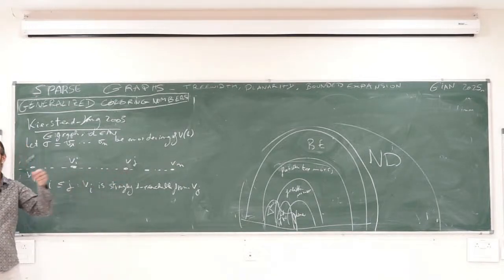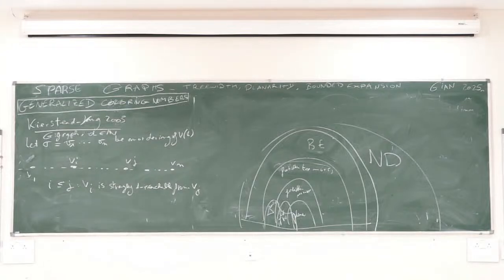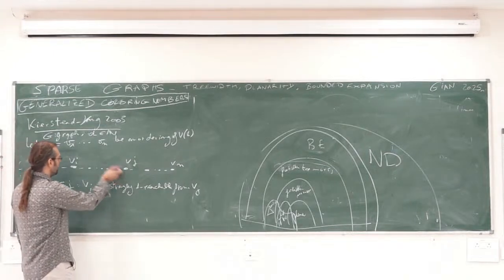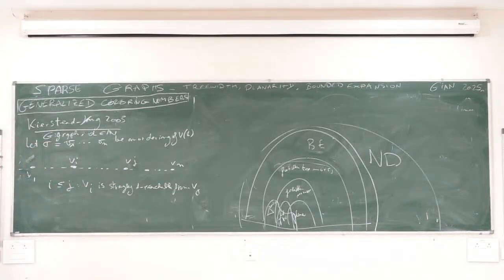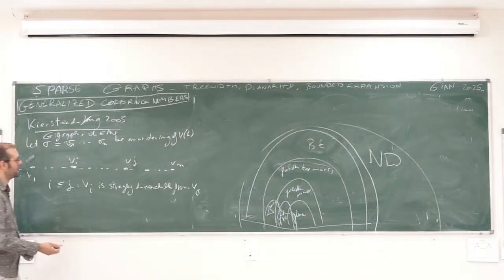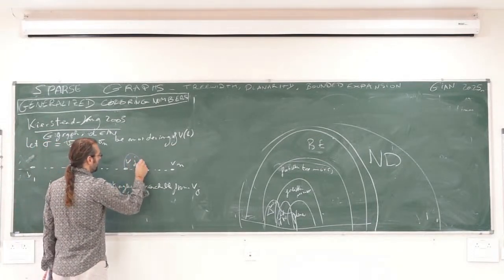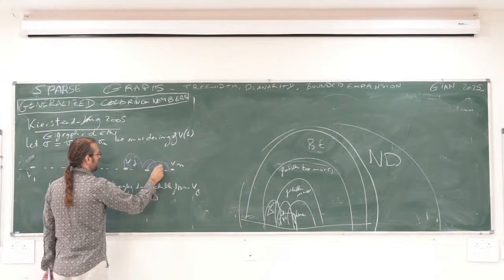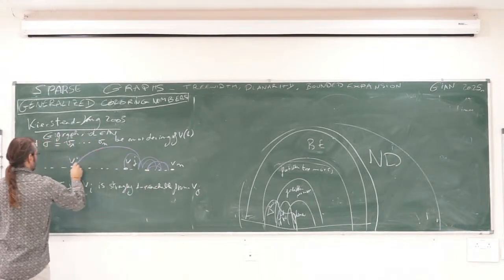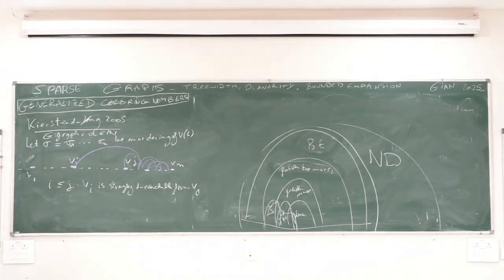So it's like the degeneracy, we are looking to the left. What does it mean? It means that there should be a path of length at most d, but this path is very special. I cannot take any path that would just give me the neighborhood of radius d. I'm only allowed to go right once, and then only jump to Vi. This is what I call strongly d-reachable.